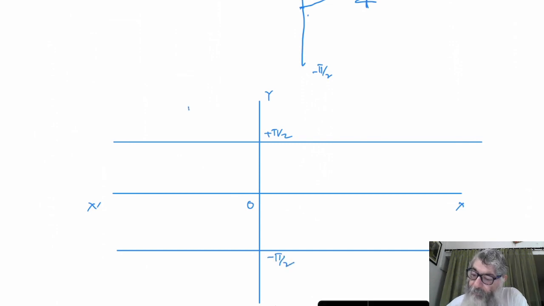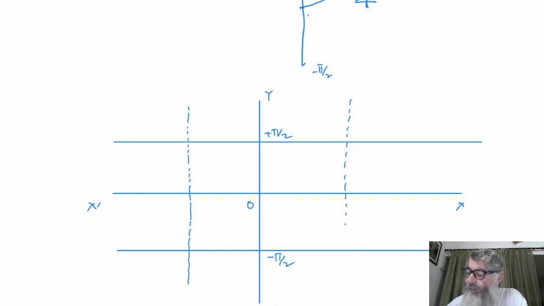Where it used to be minus pi by 2 to plus pi by 2, we are making it minus 1 and plus 1.